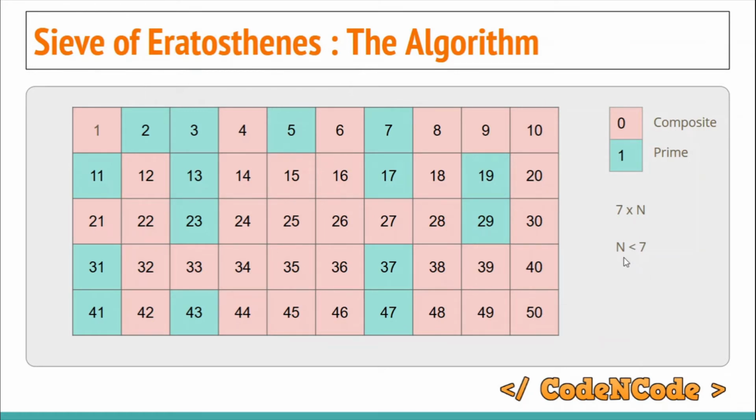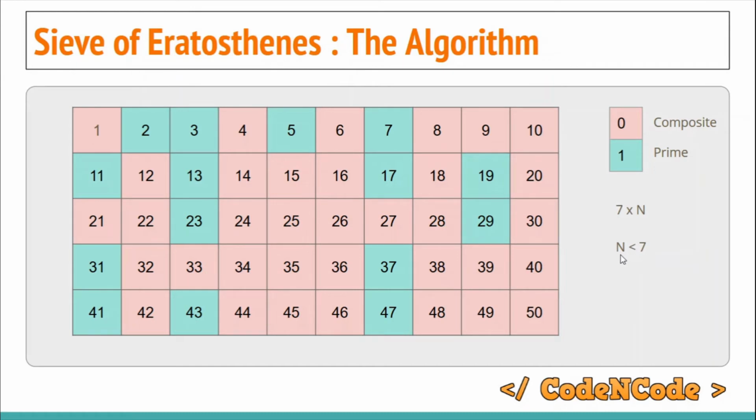The reason is that when n is smaller than 7, then n would be a multiple of some other prime number smaller than 7, and n would be either a prime number smaller than 7 or a composite number smaller than 7. For example, 5.